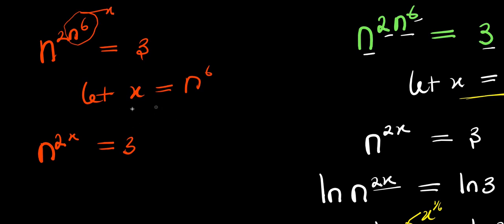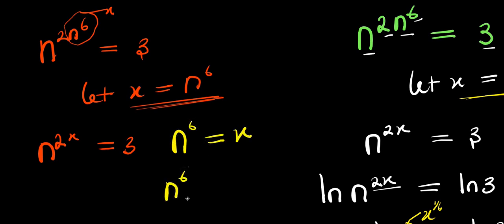X, right? Now from here, I need to make n the subject of this. So I can have n power 6 equals x, meaning n power 6 raised to the power of 1 over 6. And this equals, we do the same thing here, that is x power 1 over 6.